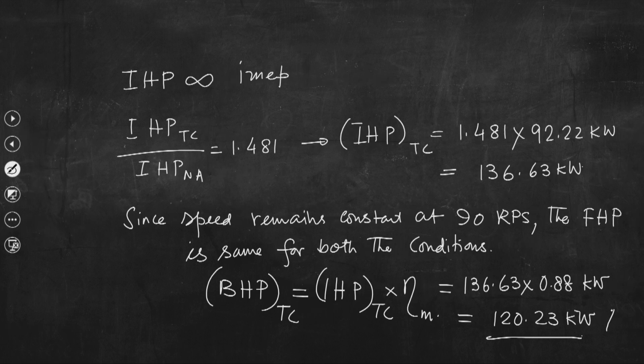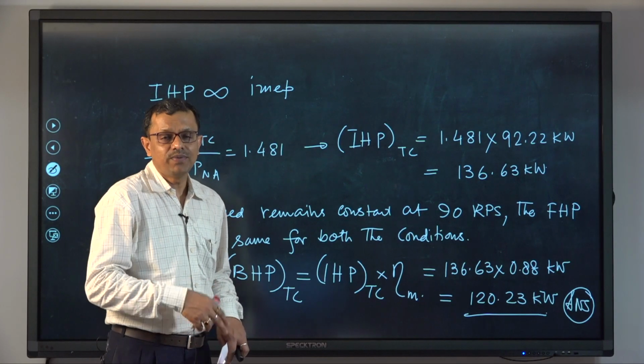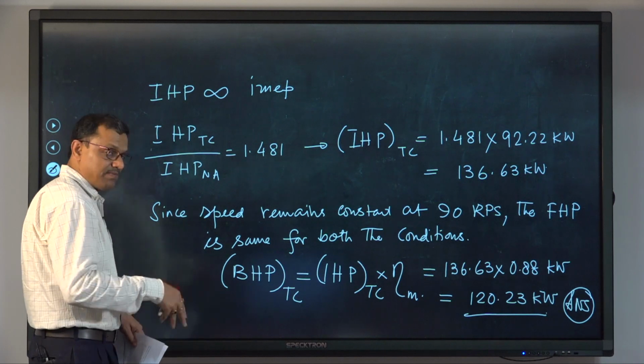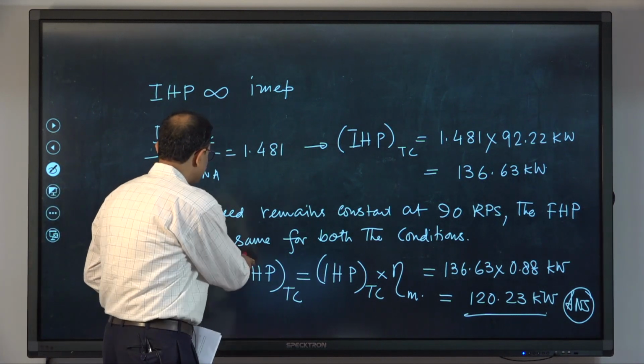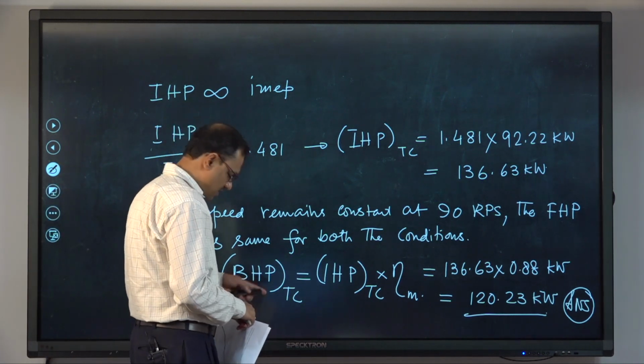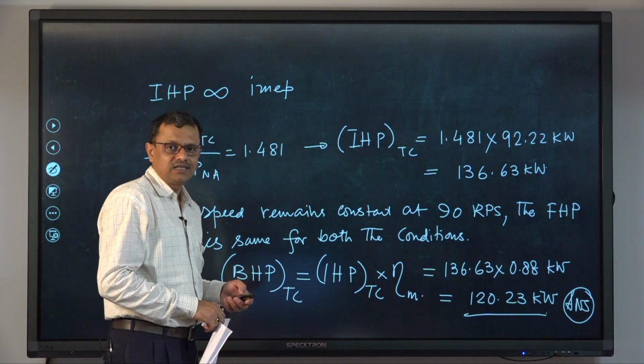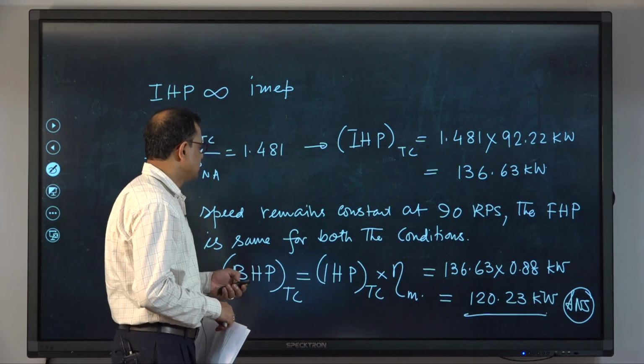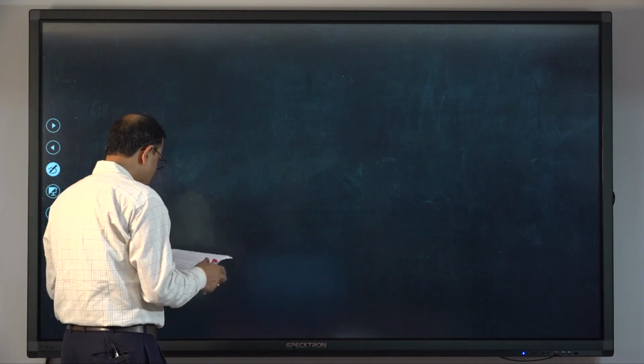So, that is the answer for the first part. Had we considered frictional losses separately, they might even affect the brake horsepower of the turbocharged engine, but the good thing is that the speed is remaining the same. Okay, so if we go to the next slide.